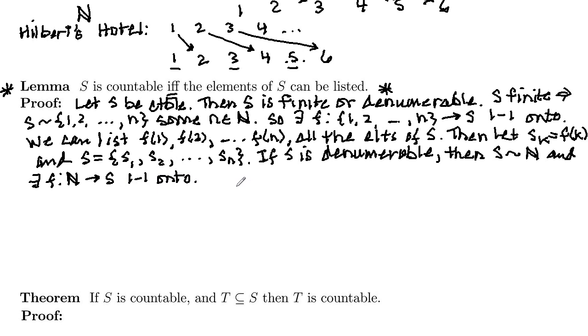And we can do the same thing with that. We can list the function values: f of 1, f of 2, f of 3, etc. We keep going, and we can do that for every natural number n, and these are going to be all the elements of S.